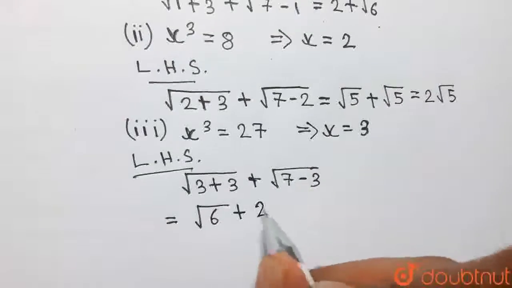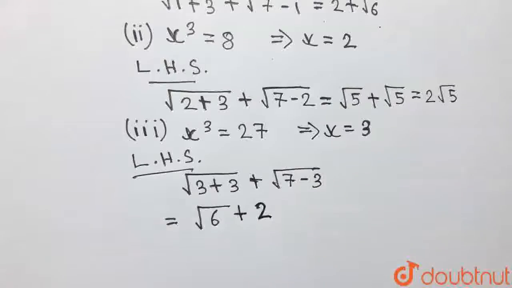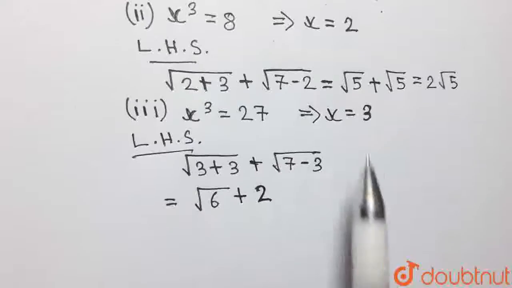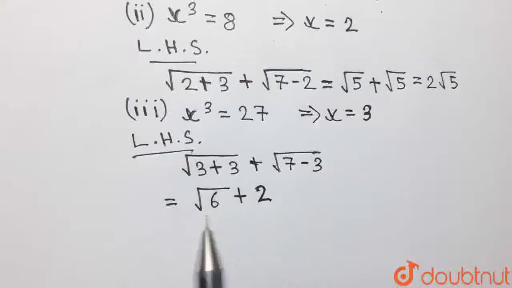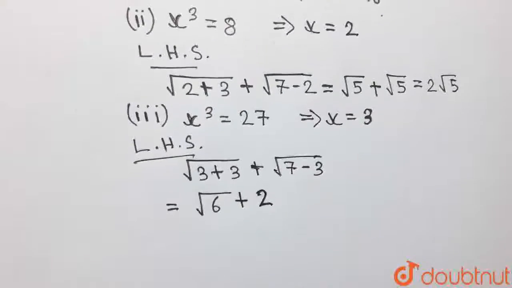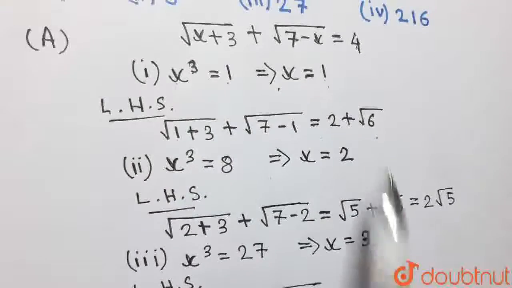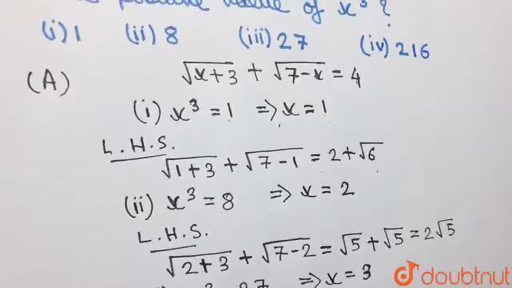So x equal to 3 does not satisfy the equation, because when x equal to 3 is substituted, the left hand side comes out to be root 6 plus 2, not 4. So option 3 cannot be the correct option.